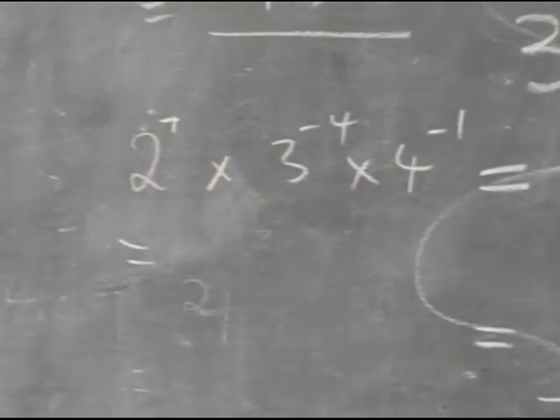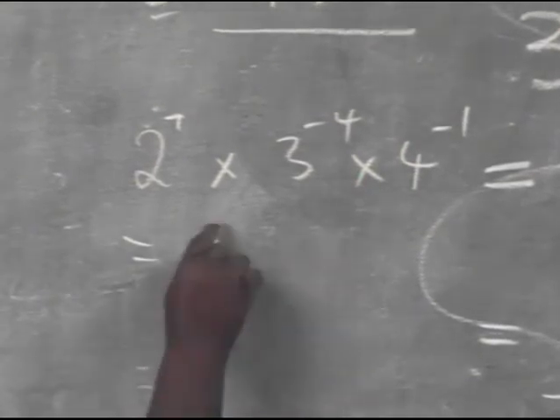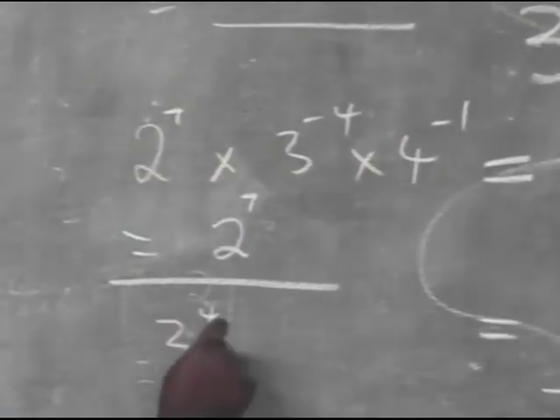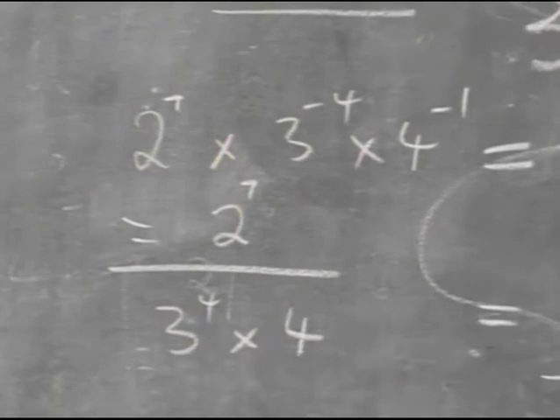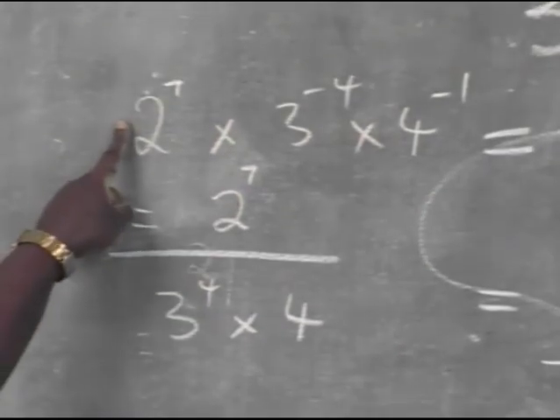Can you put this with negative powers? You can. Lester, help your friend. With positive indices, please. 2 to the power of 7 over 3 to the power of 4 times 4. Note, the negative-power form is not wrong.